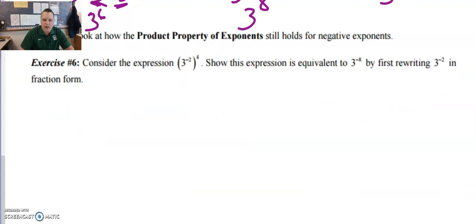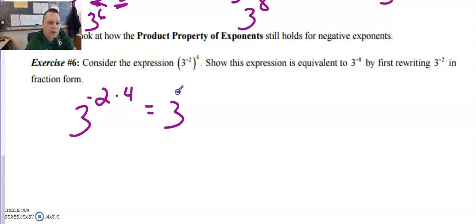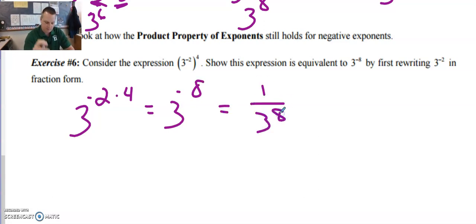So if you have a negative, it follows the same process. If you wanted to, you could do the power to the power and get 3 to the negative 8, and that would be rewritten as 1 over 3 to the 8. Okay? And it says show this expression. But what they wanted you to do first was rewrite 3 to the negative 2 in fraction form.